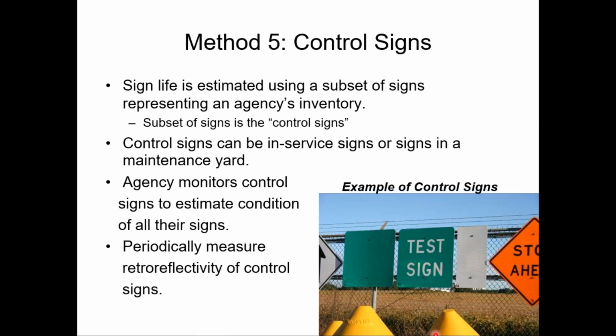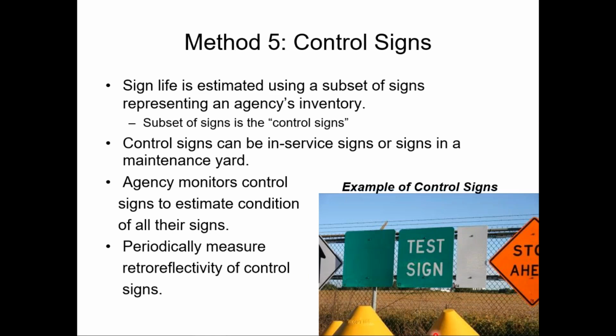And then you monitor those control signs of each of those conditions. And when that control sign drops below the minimum retro level, you replace all signs in that category. For example, you might replace all south-facing stop signs or all north-facing street name signs.